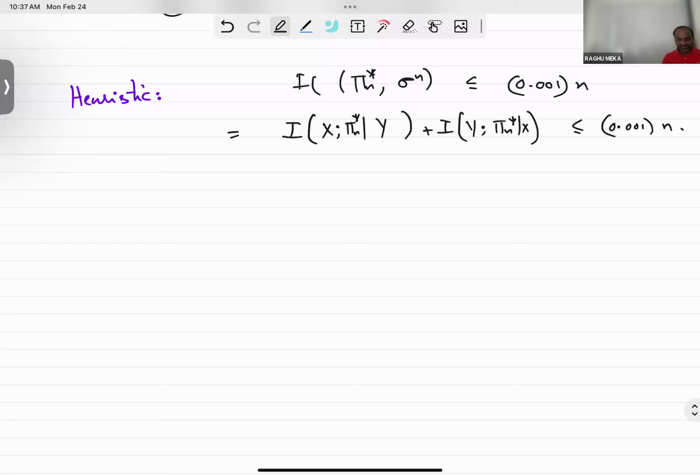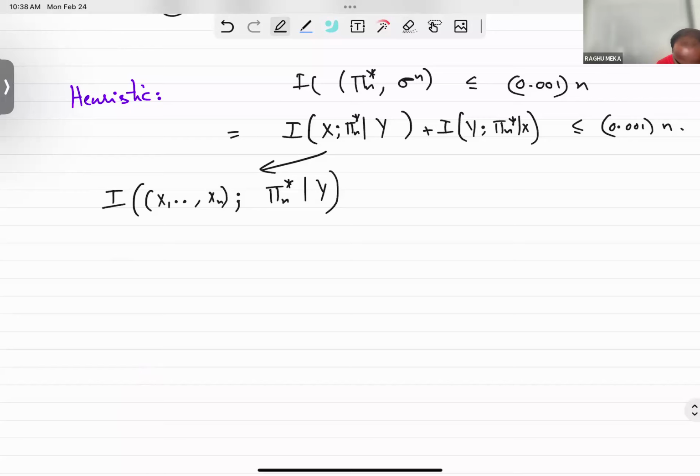So the intuition roughly is that let's focus on this one term. Okay. This is basically x1 through xn and pi n star of y. Right. So if we use chain rule, then there will be n terms here. Okay. So the heuristic calculation is that I have n terms. Together, they're adding up to 0.001n. So if I pick a random index I, this should be about 1 over n times the total. Right?